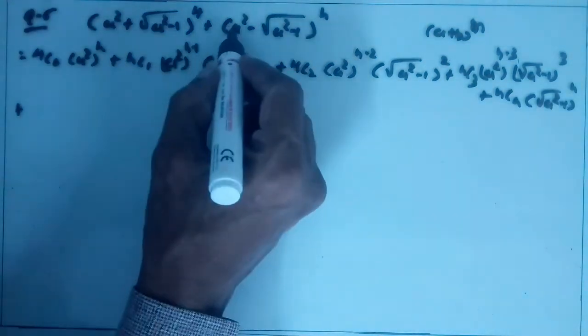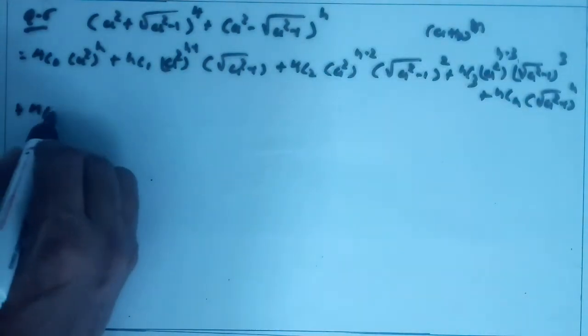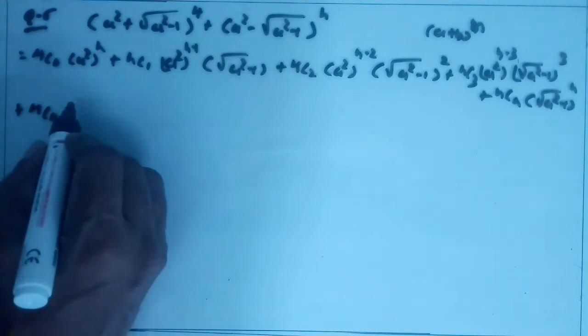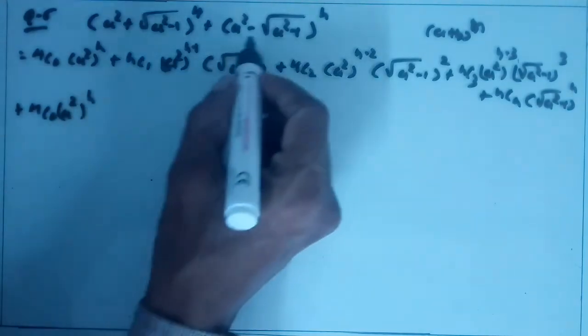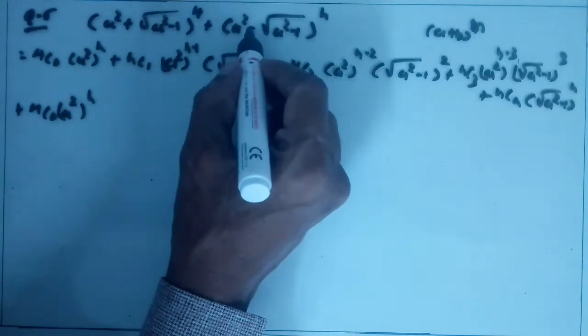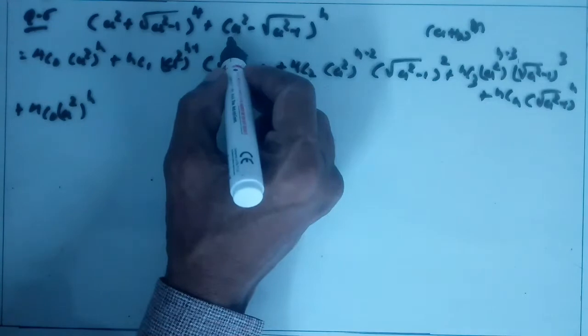Plus, same applying for the second term, 4C0 (x²)⁴. Here (x² − √(x² − 1)) is given, that is a − b.